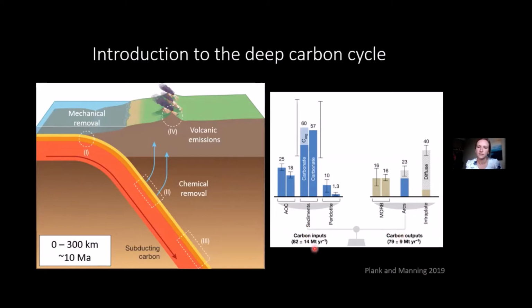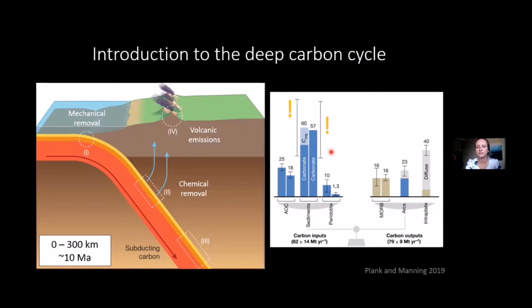On the right is Plank and Manning's attempt at trying to identify this problem. You can see they're using the analogy of a scale, where they're essentially weighing the amount of carbon that is being placed into the mantle via these various slab lithologies against the amount of carbon that is being exhaled at these various volcanic centers. Likely one of the first things you'll notice about this diagram is the enormous errors that go hand in hand with trying to estimate global carbon fluxes.